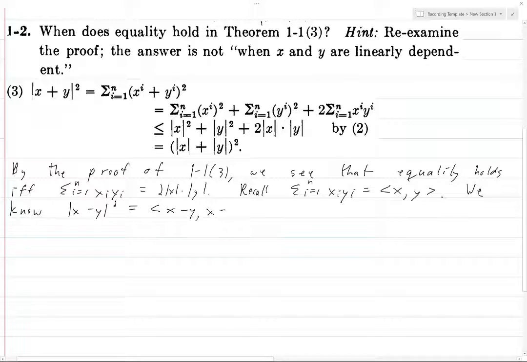If we were to write this out, this is the inner product which, if you FOIL this out, which you can do because inner products are linear, you'd end up with the inner product of x with x, which becomes norm x squared, plus the inner product of y with y, which becomes plus norm of y squared, and then you would subtract twice the inner product of x and y.